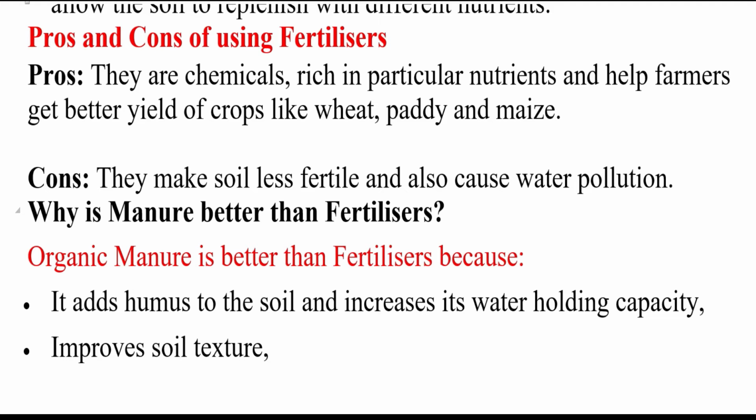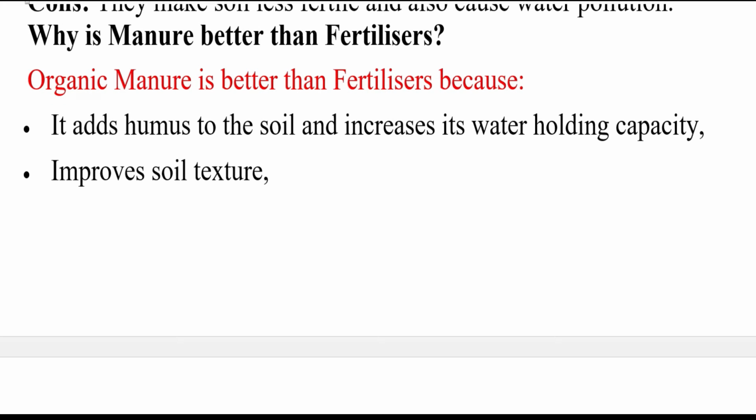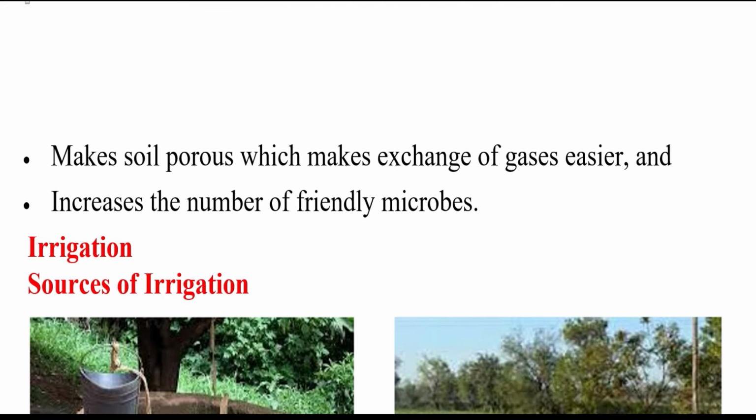Organic manure is better because it adds humus to the soil, increases its water holding capacity and improves the soil texture. It makes soil porous, which makes exchange of gases easier, and increases the number of friendly microbes like earthworms.